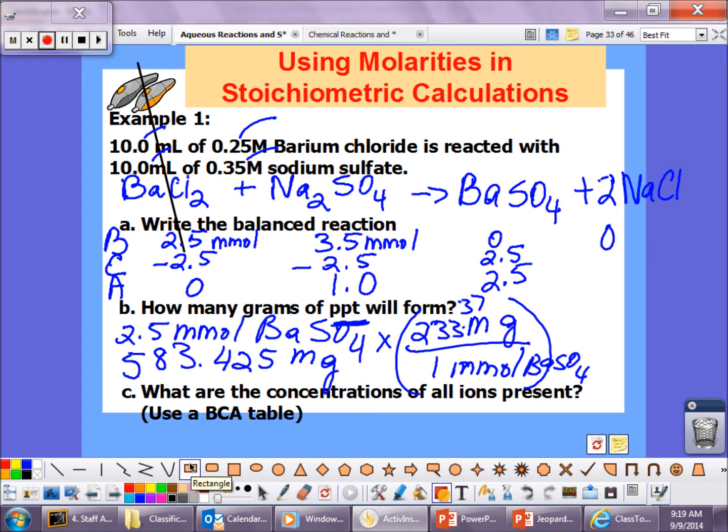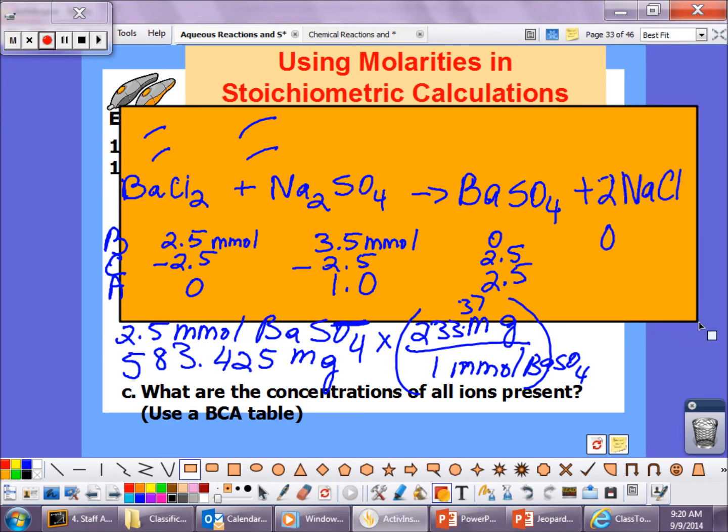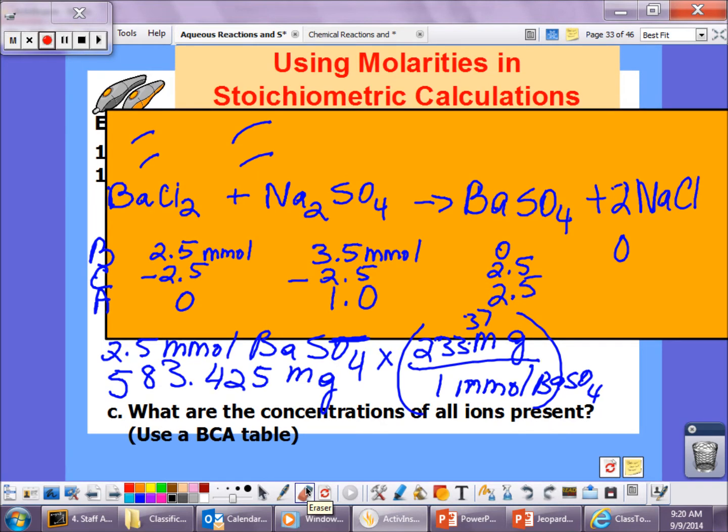Let me undo quickly. The time is running. I don't want to get rid of the numbers, but it looks like that's what I will have to do. Let's see if I can erase a few things that I don't need.